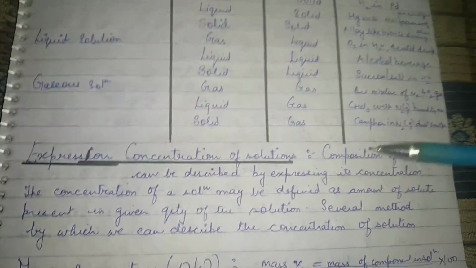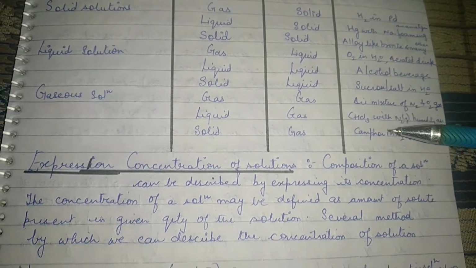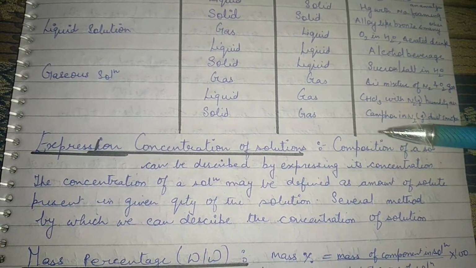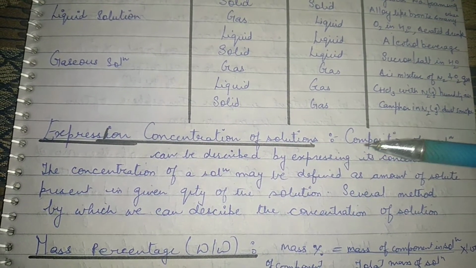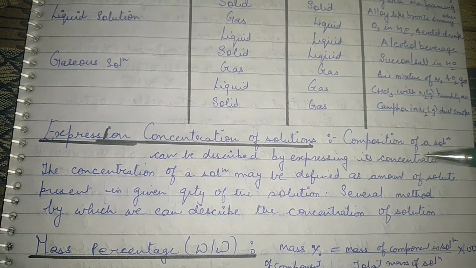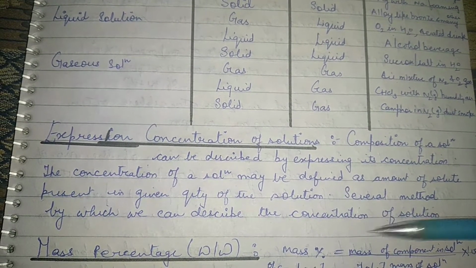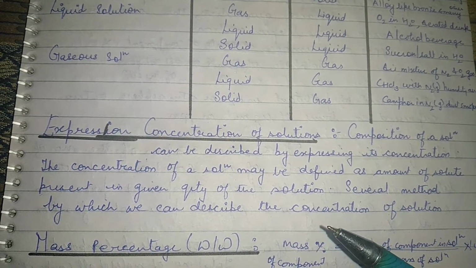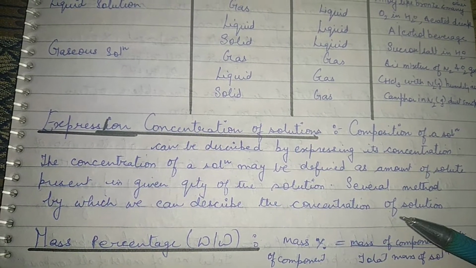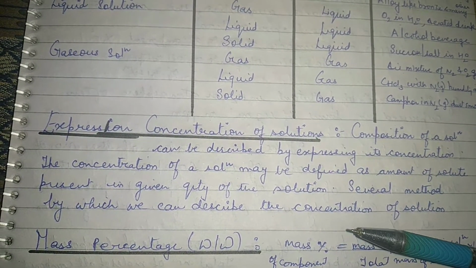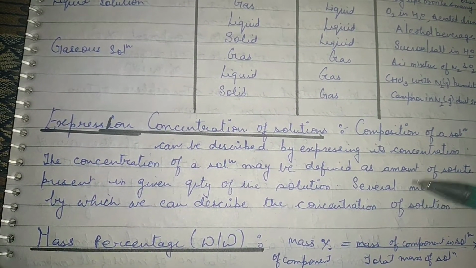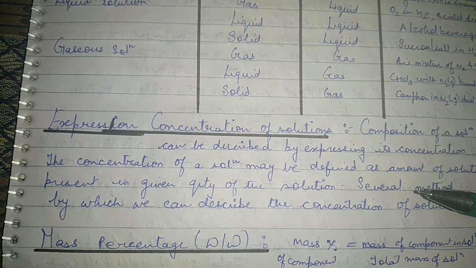The concentration of a solution may be defined as the amount of solute present in a given quantity of a solution. There are several methods by which we can describe the concentration of a solution. So here I have given the number of methods through which we can define the actual concentration of a solution.